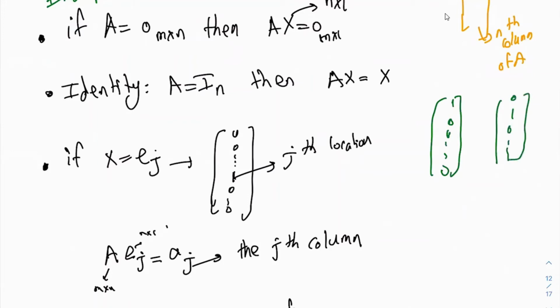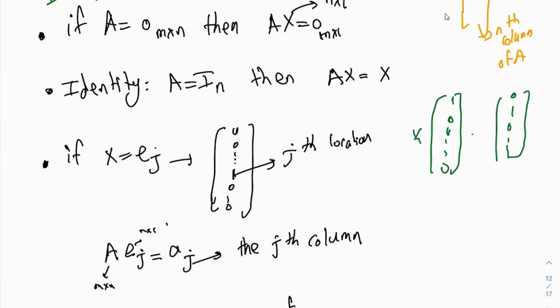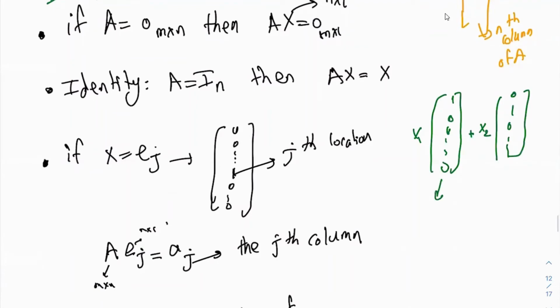So you would get x1 times 1, 0, 0 plus x2 times 0, 1, 0. What are these? Each column is a unit vector.